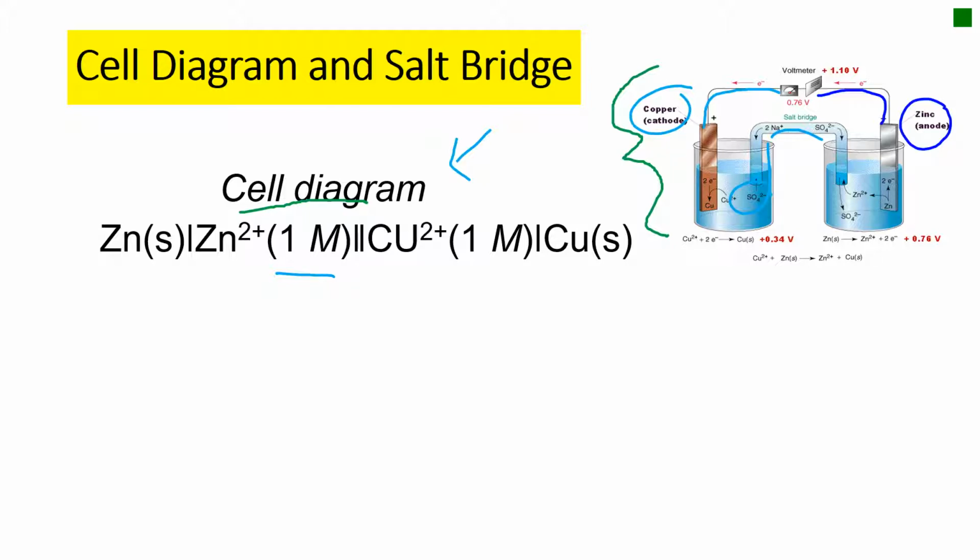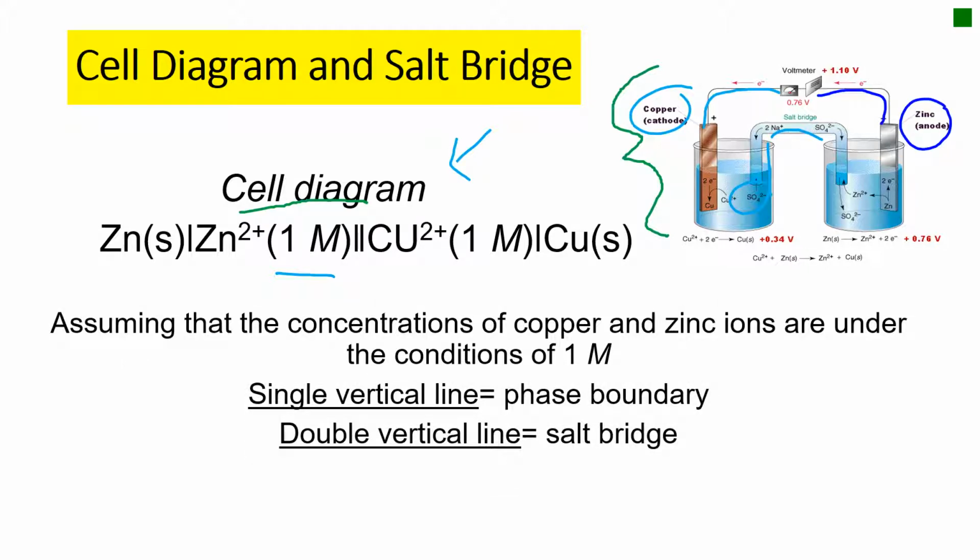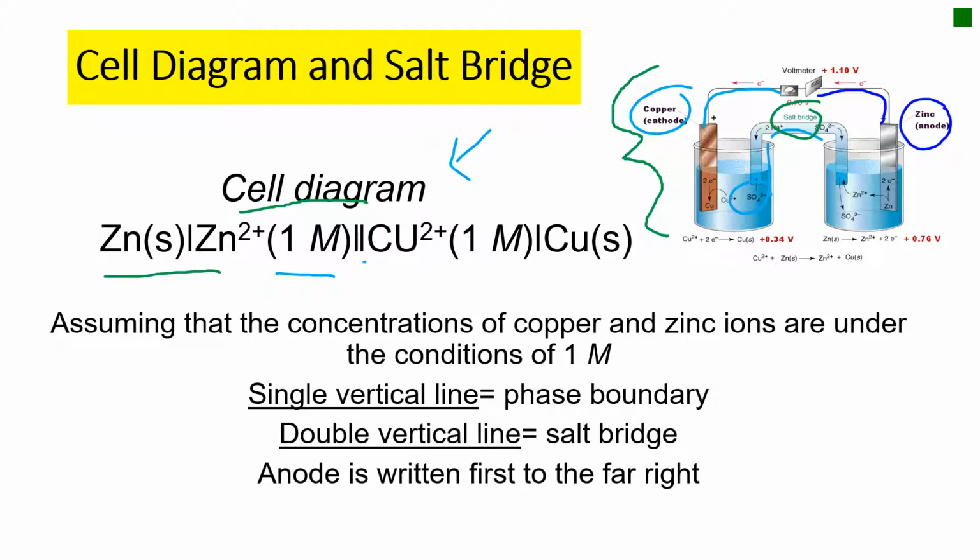The single vertical lines symbolize the phase boundaries, whereas the double vertical line symbolizes the salt bridge, which is over here. The anode, if we were to do the cell diagram, would be written first, to the far left, always.